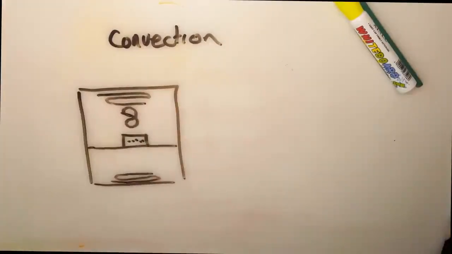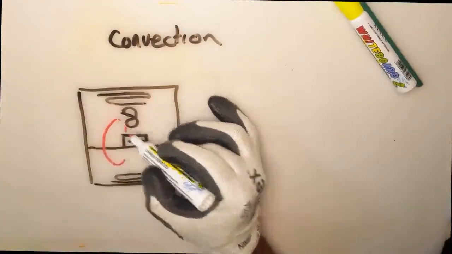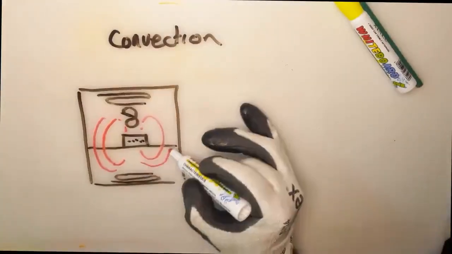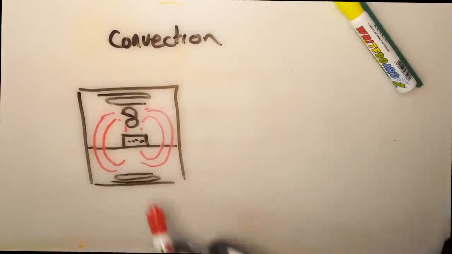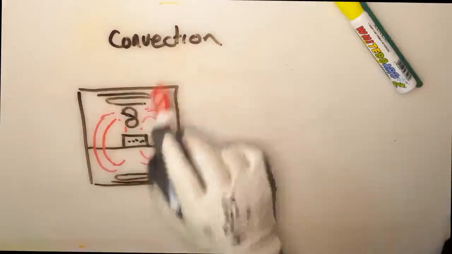What this is going to do is, as the fan blows, it will move heat around the actual oven, and that is my convection. Not a very nice fan, but you get the idea in terms of convection.